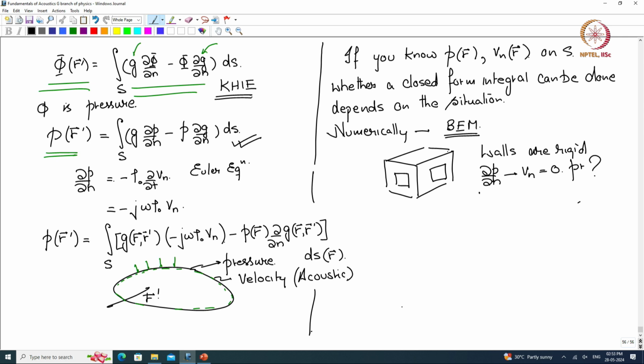Similarly, where the windows are, the velocity is unknown. However, the pressure is gauge pressure or atmospheric pressure, this is 0. So at the start of the problem, only one condition is known.